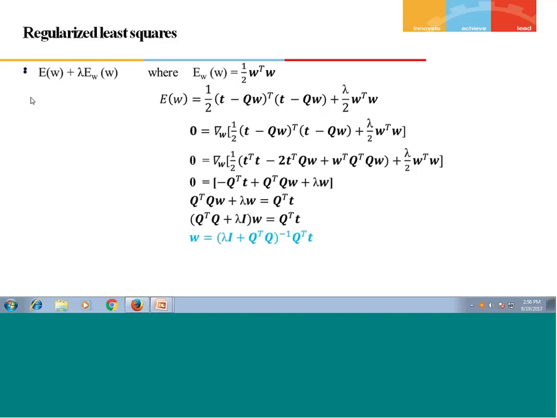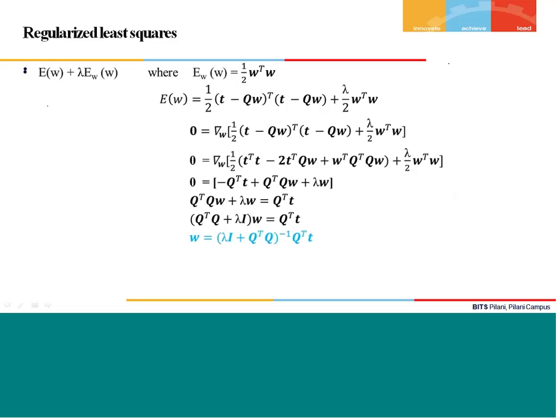Now finally, if you recall from the fourth chapter, we had used regularization. Whenever you have an error function, if you do least square error, what happens?